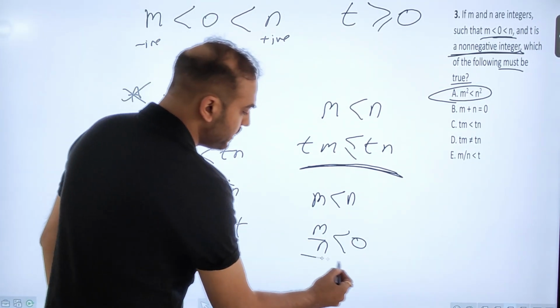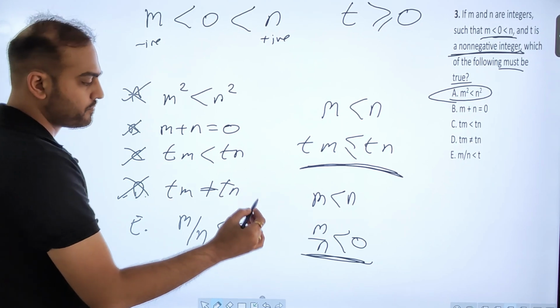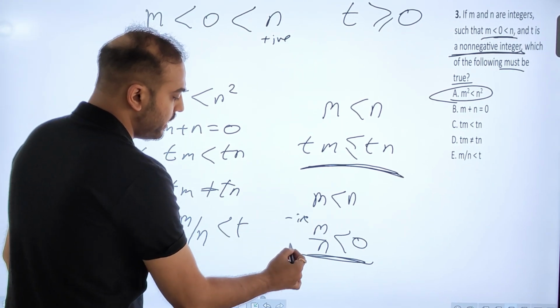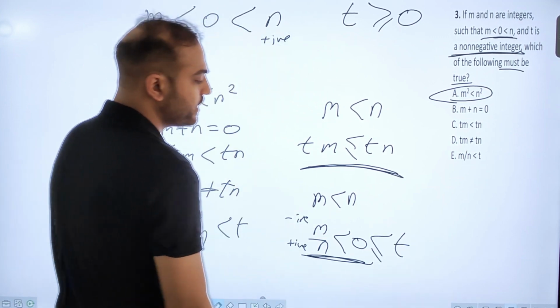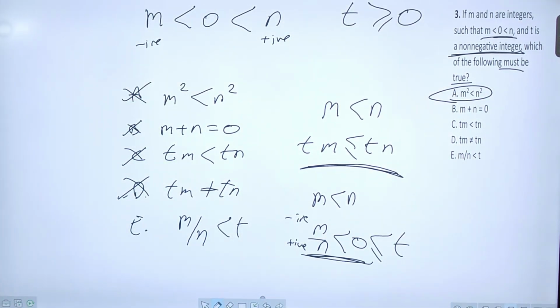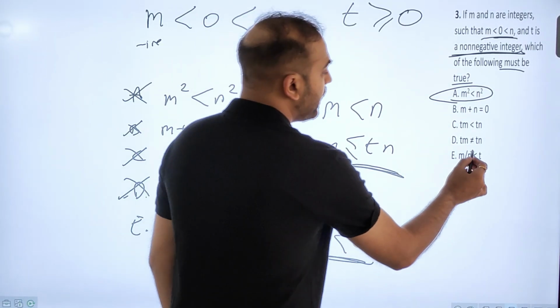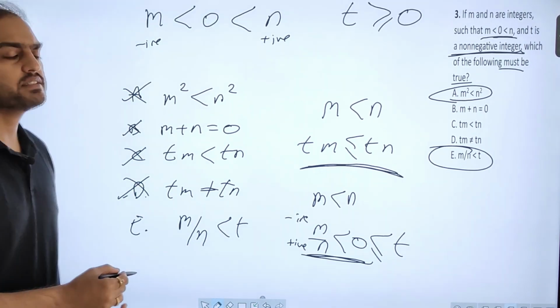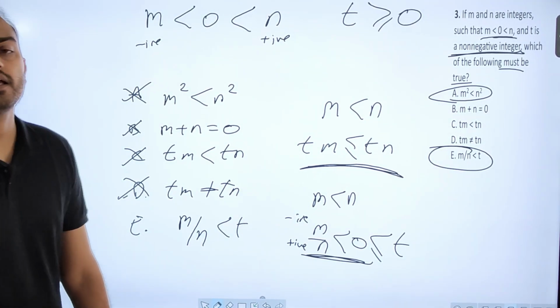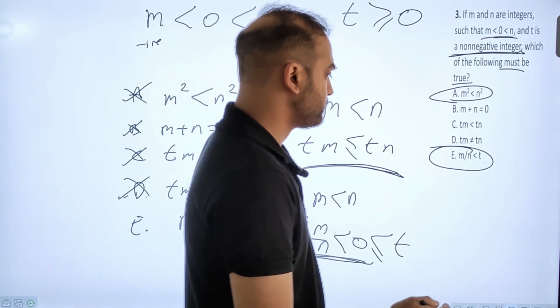So m by n is negative, and I know t is greater than or equal to 0. Which means m by n will always be less than t.